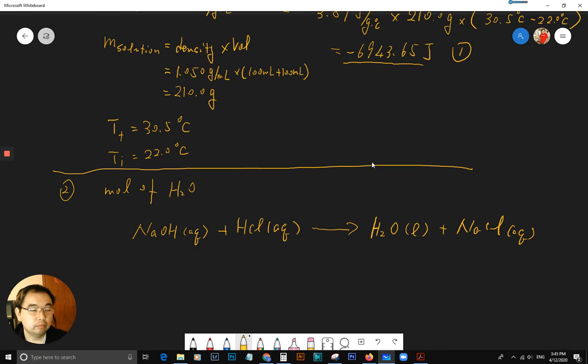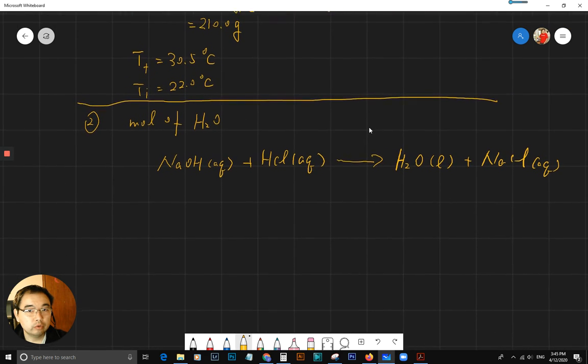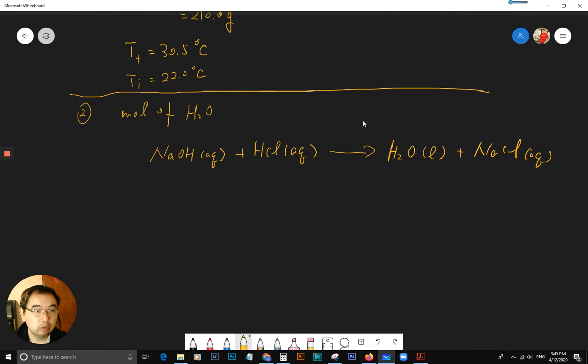Before we do so, we know the mole of the sodium hydroxide and the HCl, and we need to figure out the mole of the water. So let's list the mole of the sodium hydroxide and the mole of the HCl.